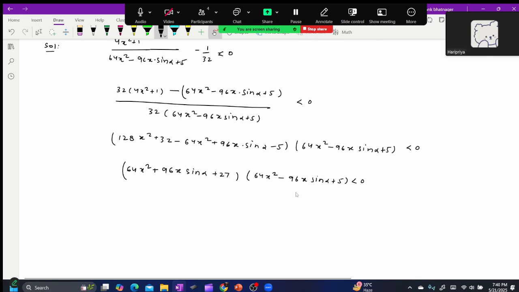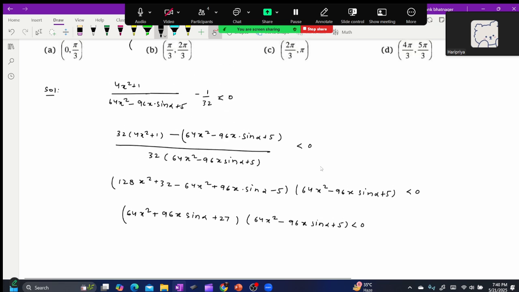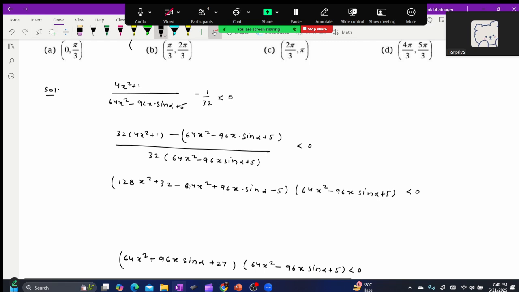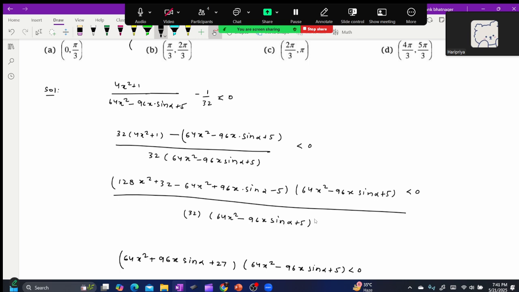So how did you convert the denominator? I multiplied numerator and denominator. See why I have written like this? Because if I multiply numerator with this part, this 32 is actually positive. I have made the denominator positive. Whatever may be the value of 64x square minus 96x sin alpha plus 5, the square of this will always be positive, no?